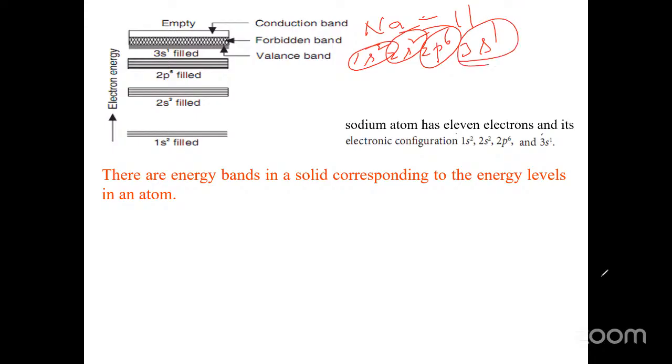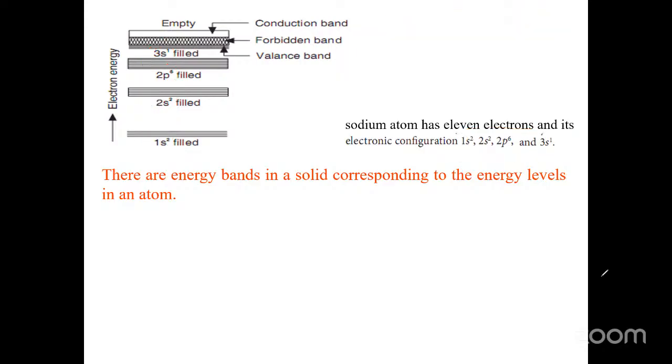But 3s is half filled, and 3p is empty. So that's why 3s has only one electron, which is half filled. Getting my point? The configuration is given here for the sodium atom.